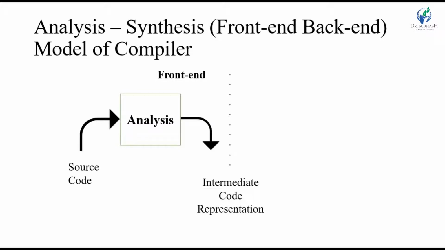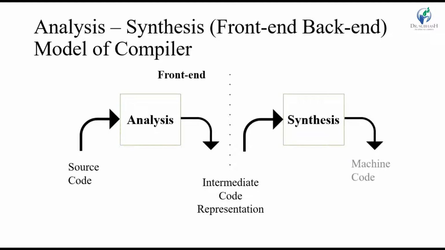This generated intermediate code representation is input to the synthesis part, which generates the machine code, which is known as the back end of compiler. So here you see the analysis, synthesis, model of compiler, or front end, back end of compiler.